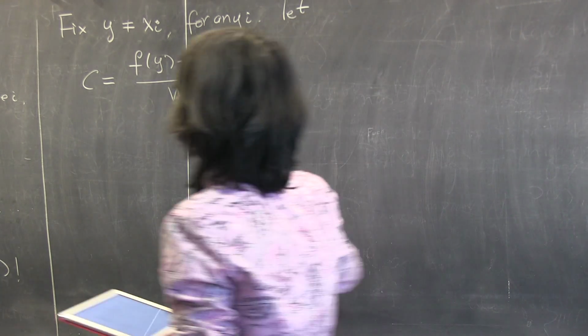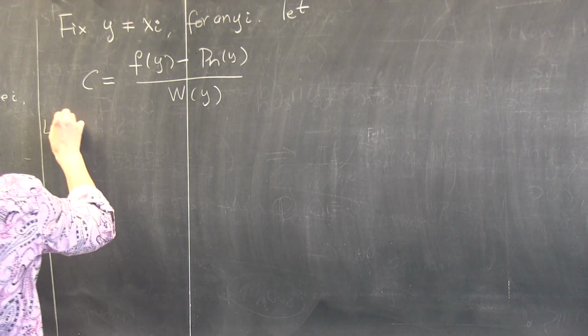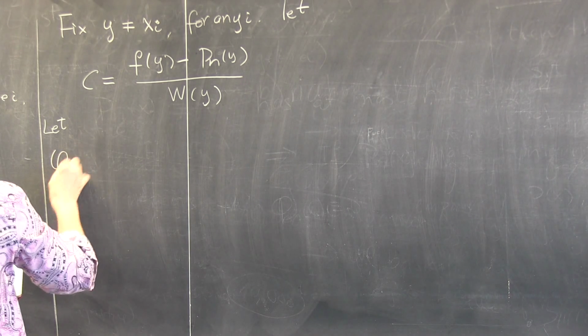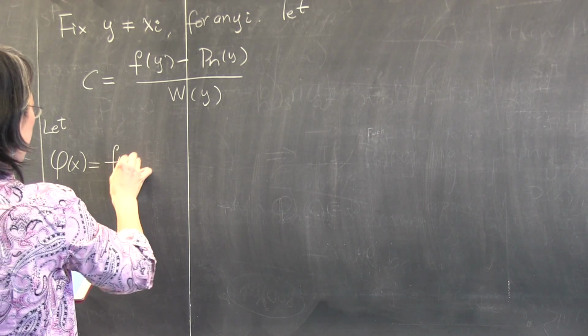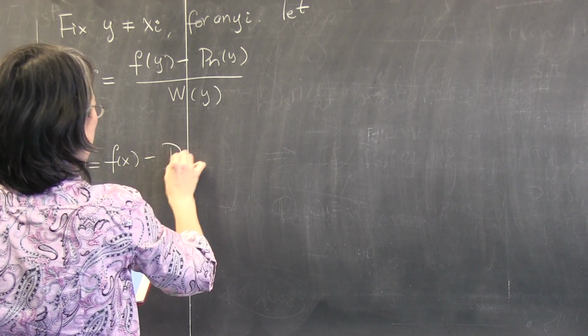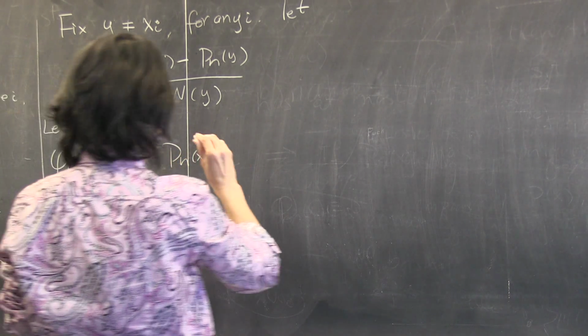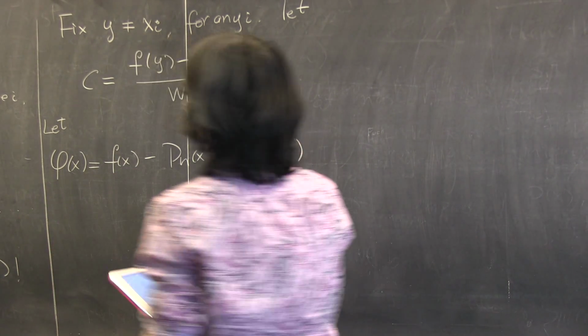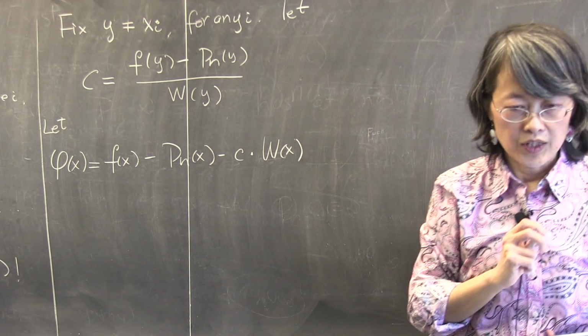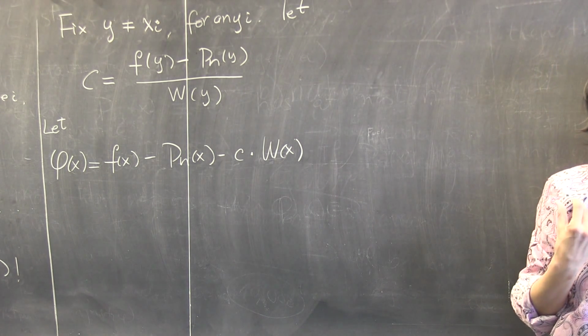Okay? And then I also have a new function. This is a crucial function here. So phi of x is defined as f of x minus Pn of x minus c times w of x. Okay? So this is a function of x, right?